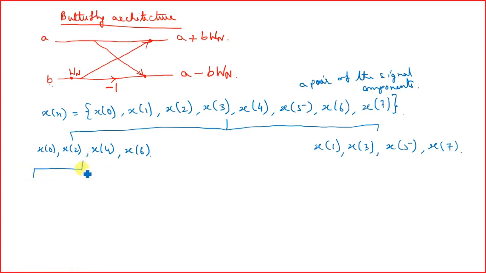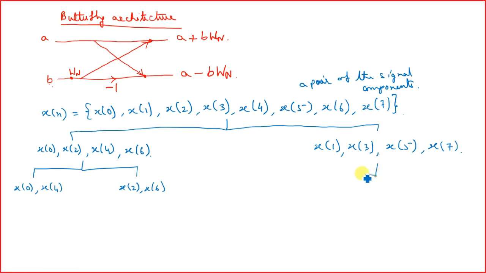So again, we will break it down into two. So now x0. After that, we will be having x4. Here we will be having x2, x6.